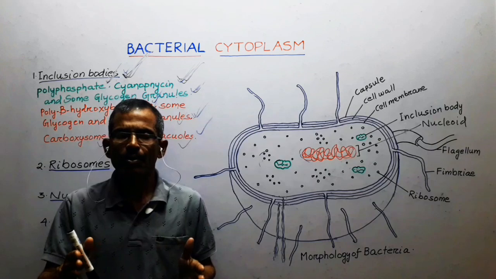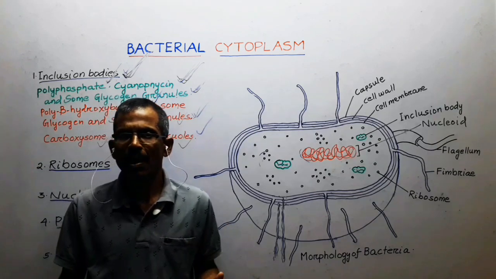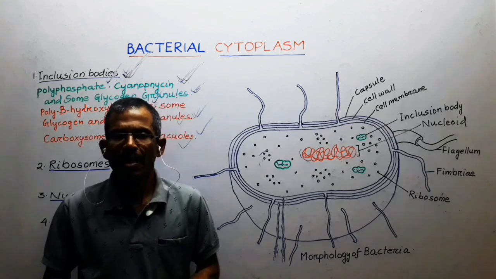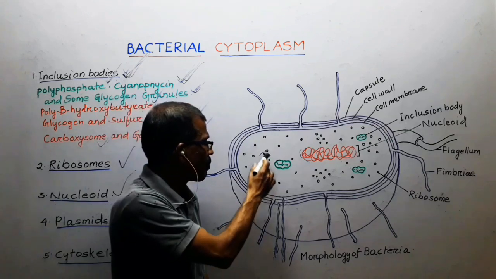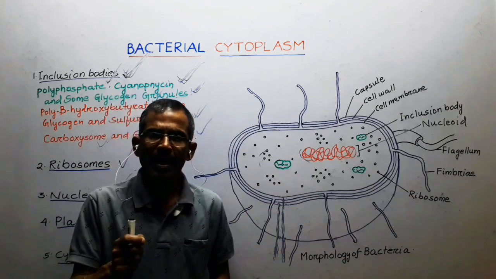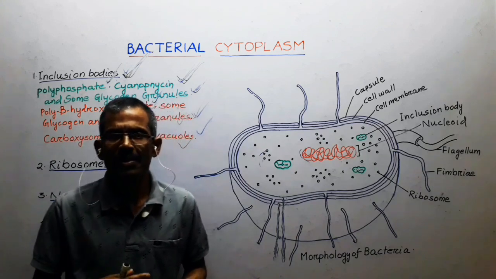When examined with an electron microscope, the bacterial cytoplasm is seen to be packed with ribosomes. Ribosomes are very complex structures. They are composed of RNA and protein. They are the site of protein synthesis.